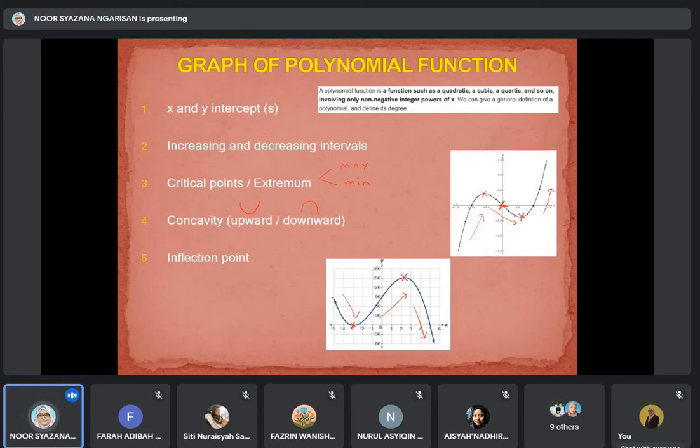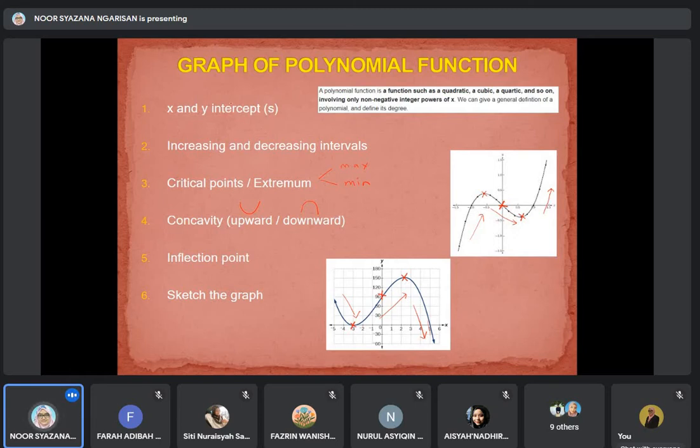From the second graph, mula-mula senyum. Sampai sini jadi masam. Okay, senyum, masam. So this is our inflection point. Number 6, then we can proceed to sketch the graph. So kat sini kita akan belajar beberapa perkara lah.